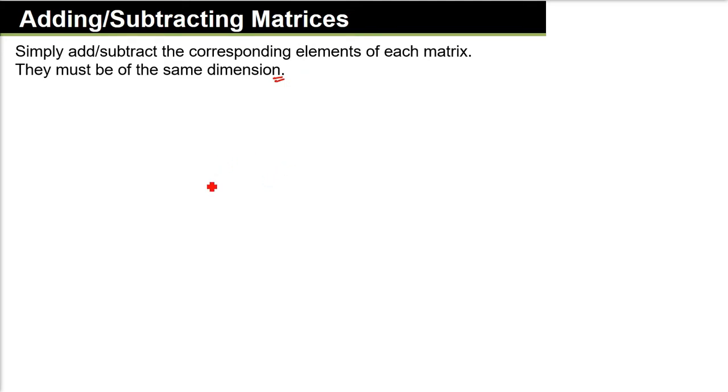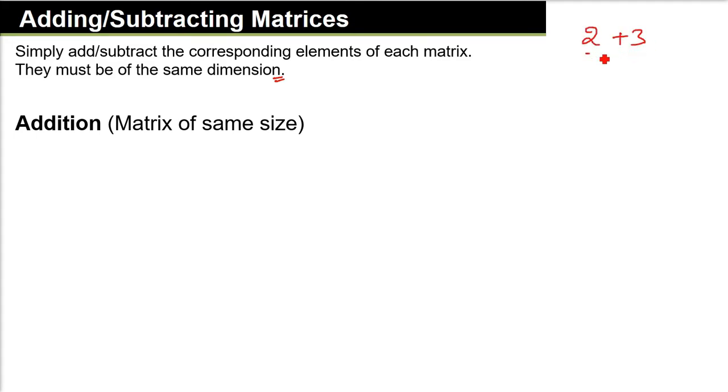That is, the two or multiple matrices being added or subtracted should have the same dimension. Just as you add 2 and 3, or 2.3 and 6.2, you can also do 2 minus 3, or 2.3 minus 6.2. In the same way, matrices can also be added and subtracted.